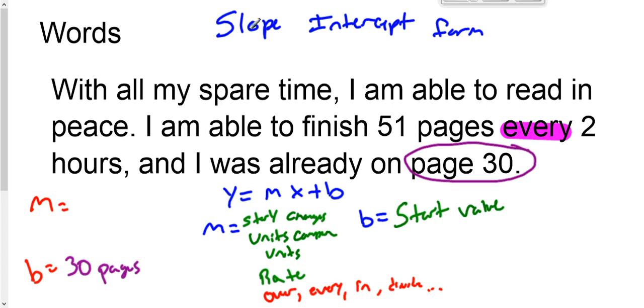So what's happening for that every? I have 51 pages every 2 hours. What we should notice is that this unit and this top unit have to be the same. So there's our information. Y equals 51 over 2x plus 30.